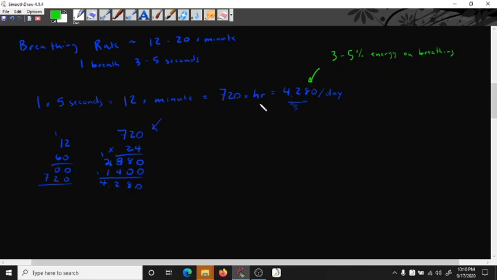Which is pretty remarkable. If you did anything that many times a day, you should be exhausted from it. But we're so well designed and so efficient that we hardly even notice when we're breathing at rest.